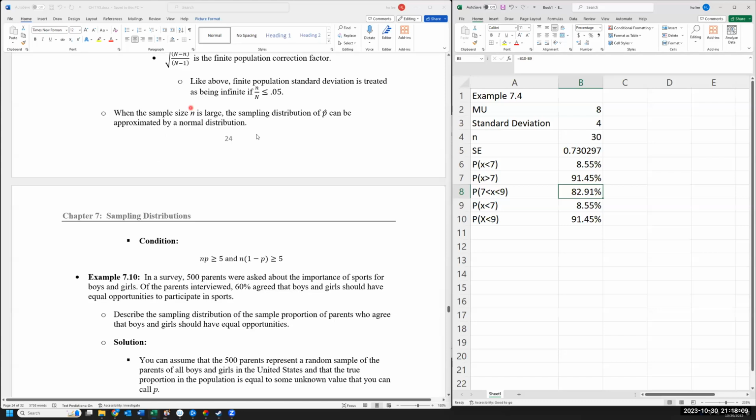And the condition: remember for the sample mean and the sum you need about 30 observations. Here we need n times p to be greater than or equal to 5, or n times q, or 1 minus p, to be greater than or equal to 5. So this is the condition.